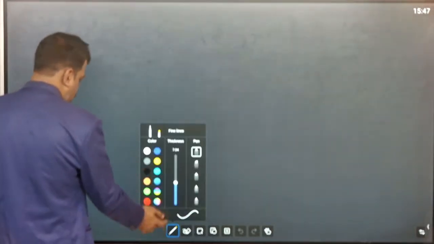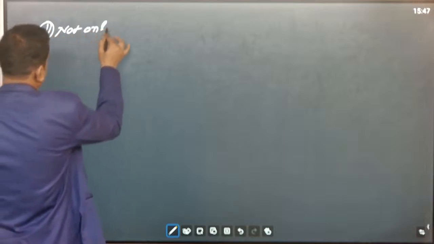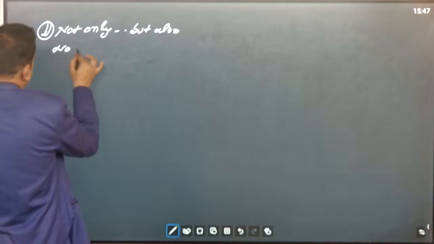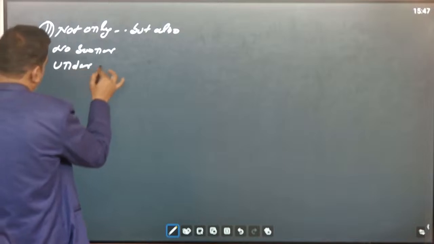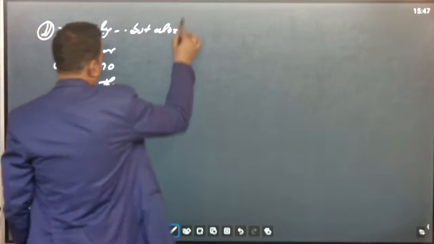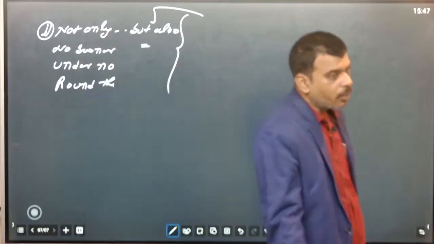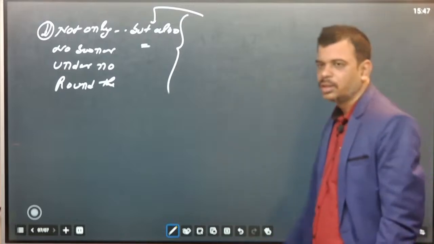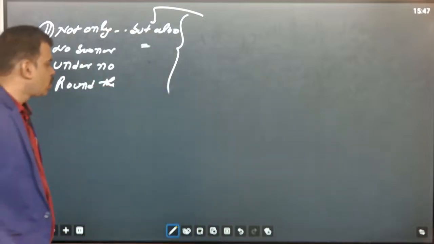If you find not only but also, no sooner, under no, or any word that is connected or associated with the verb as in the acting of adverb, here we find inversion. Just look at the examples.